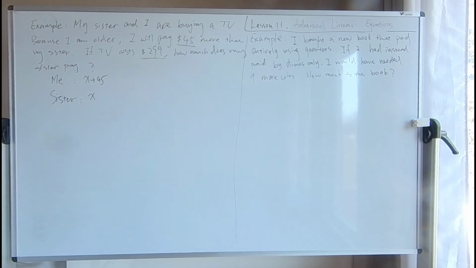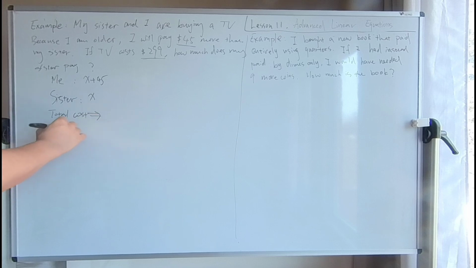Now we have two expressions representing two different quantities. How do we build the equation to solve that? What is the equivalent quantity we can find? The quantity is the total TV cost, because the total TV cost is what we pay together. Basically, the money I paid plus the money my sister paid is equivalent to the total cost of the TV.